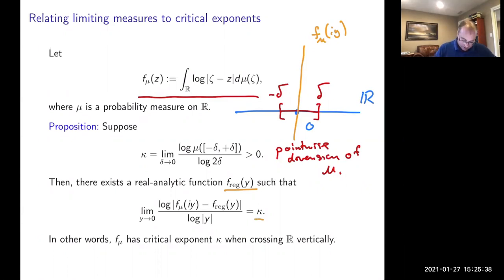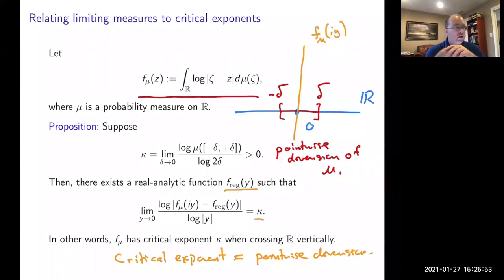So the critical exponent is equal to the pointwise dimension. So this is a very nice thing, because in dynamical systems, it's often pretty easy to compute these pointwise dimensions, and this allows you to relate them to the critical exponents of the free energy. Does that statement make sense? Okay.